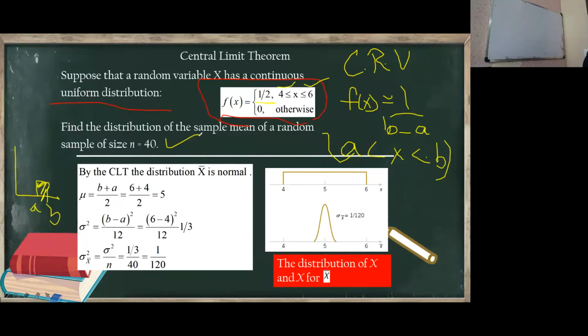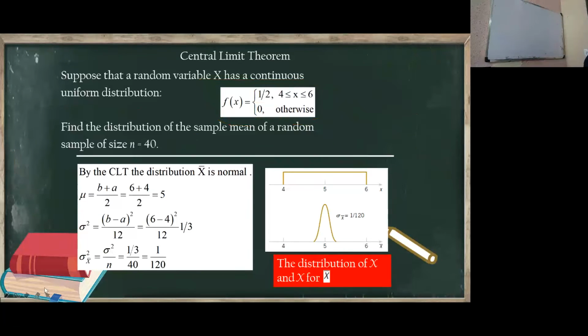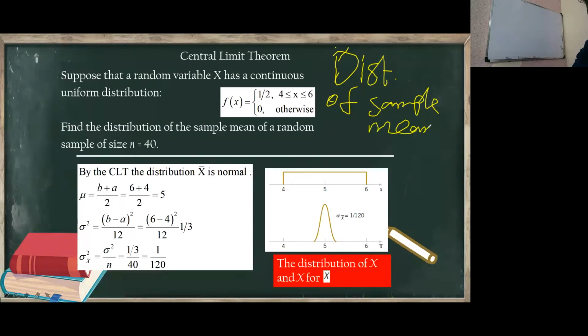If the probability distribution of x is uniform, what will be the mean? What we have to find out is the distribution of the sample mean.